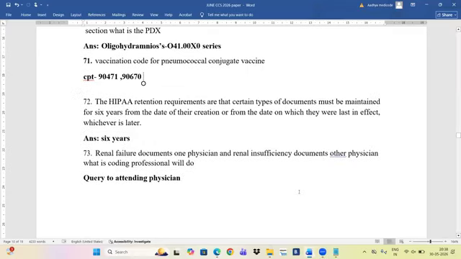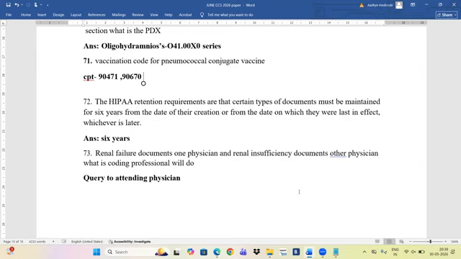Next code. What is the vaccination code for the pneumococcal conjugate vaccine? We discussed the vaccination codes, right? While we are coding the vaccination, first we need to check single vaccine or multiple vaccines. By default, we need to give the immunization code 90471, immunization administration. Then the type of vaccine code.